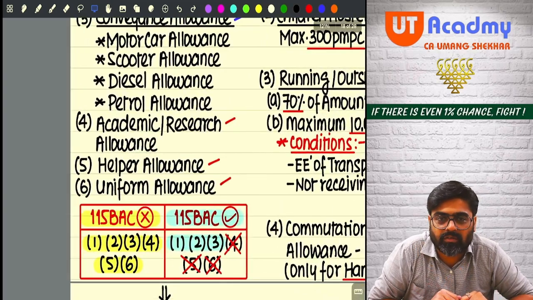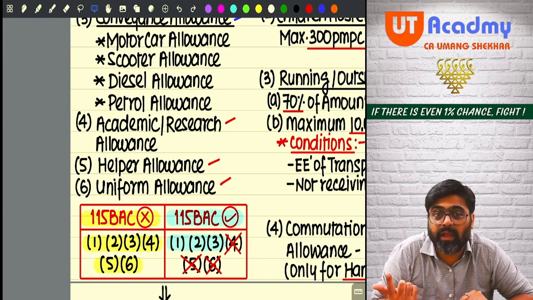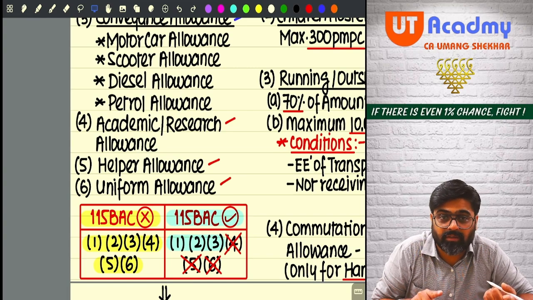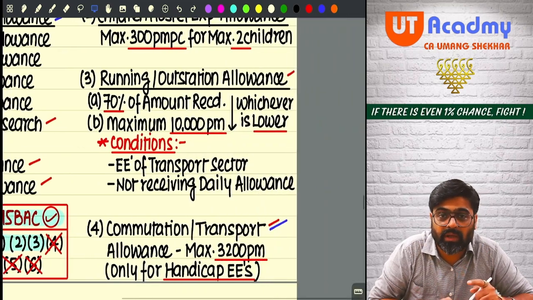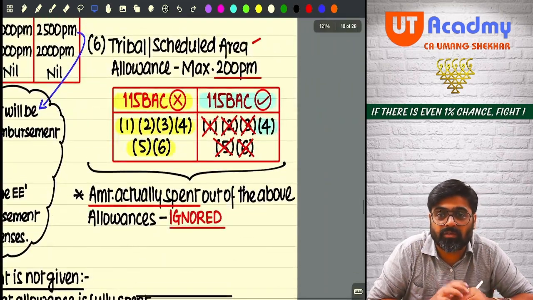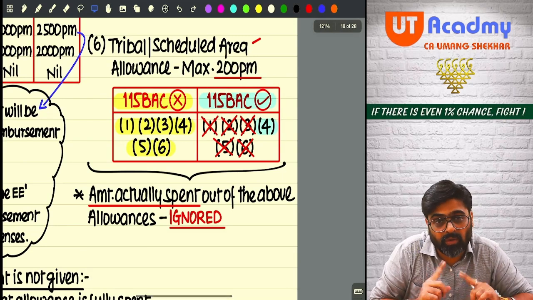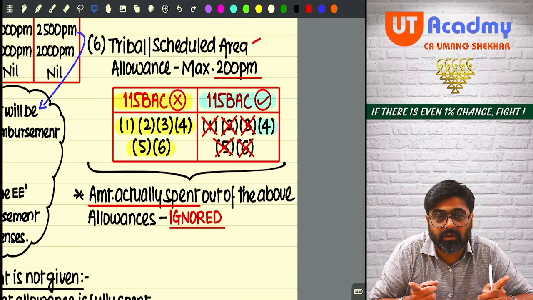The first three allowances are exempt in both the regimes. The last three allowances are exempt only if you shift out, and taxable under 115 BAC. Yes or no? The fourth allowance is exempt in both the regimes. Understanding?